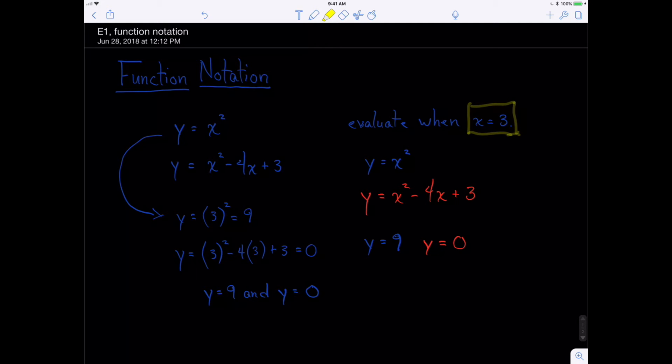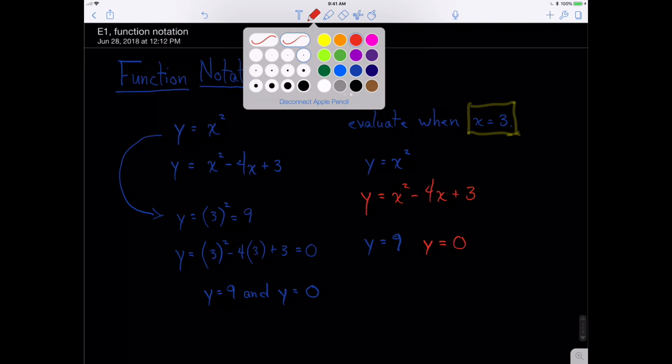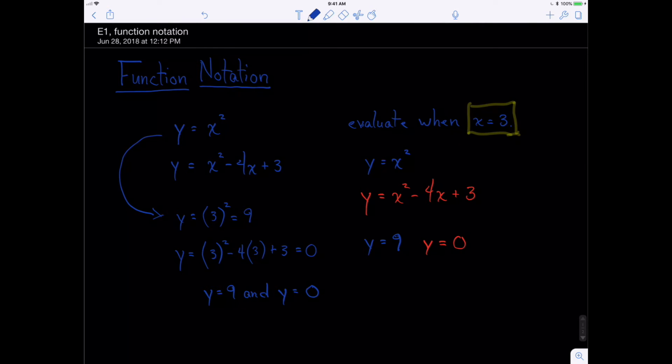But most mathematicians don't do their work in colors, they do their work in pencil, or sometimes some brave mathematicians use pen, but most of us use pencil. So instead of using blue and red, to provide clarity, we might say this first equation here, we'll call it f of x. And the second one, we'll call it g of x. So really, we're calling the first one f and the second one g.